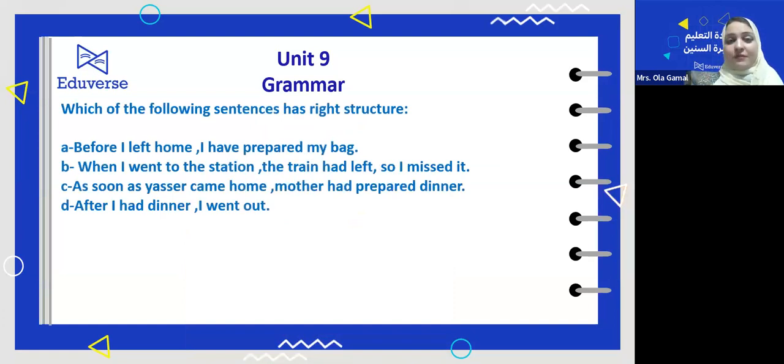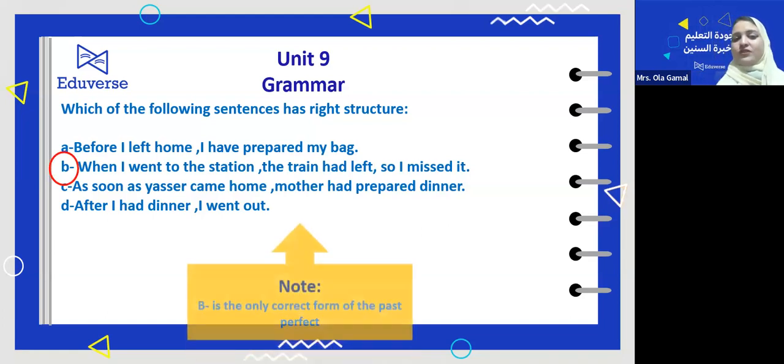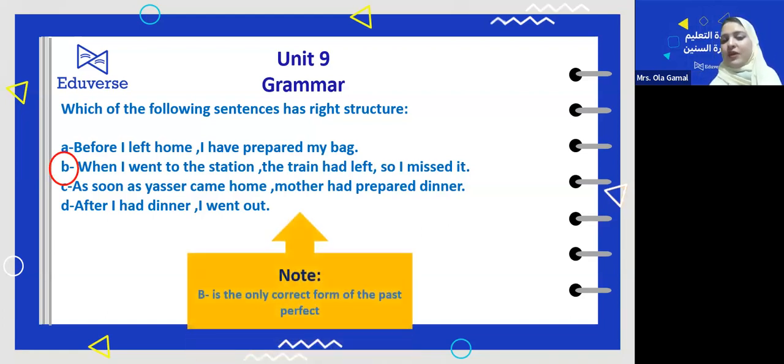Now try to think before answering quickly this question. Which of the three sentences have the right structure? A: Before I left home, I have reserved my bag. B: When I went to the station, the train had left, so I missed it.